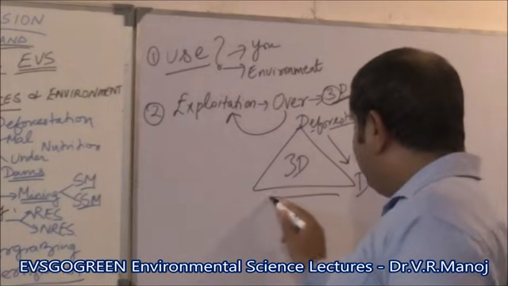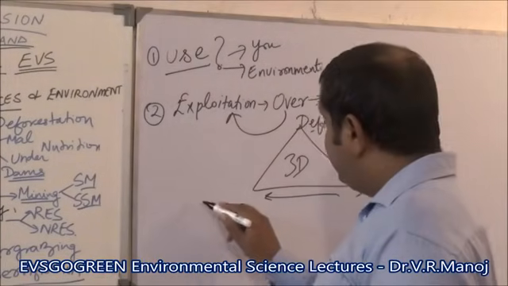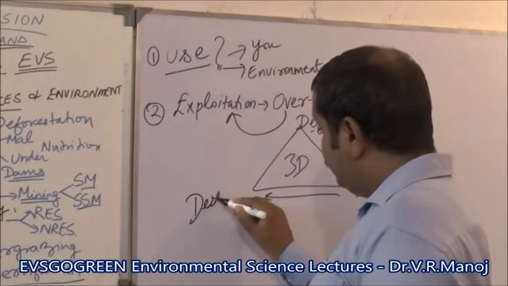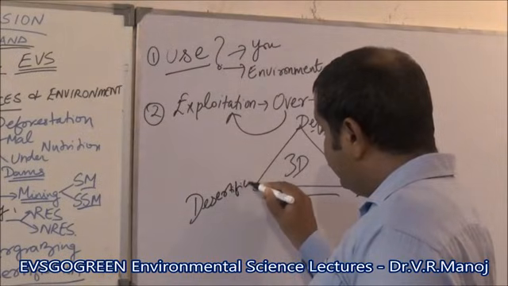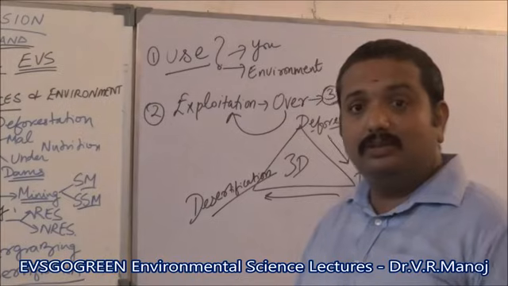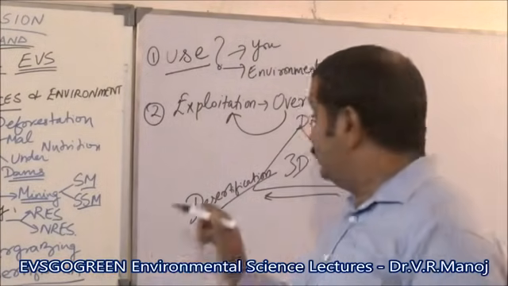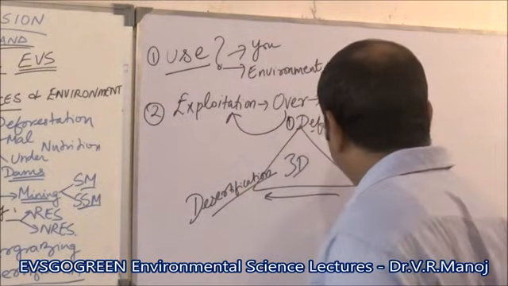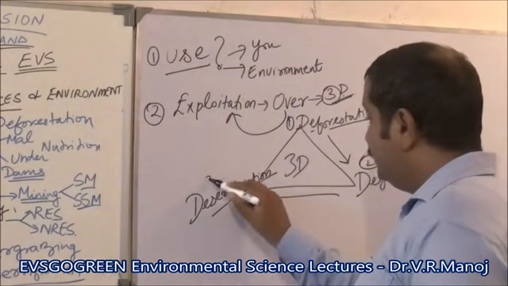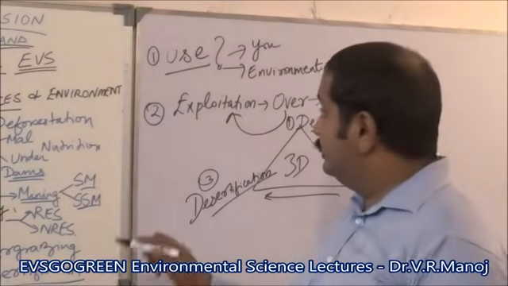Degradation will eventually lead to the complete destruction of the land and will turn it into a desert. So, desertification. So always remember this 3D method to the approach on any particular issue on the natural resources. Starts with deforestation, degradation, desertification. So these are the 3Ds.